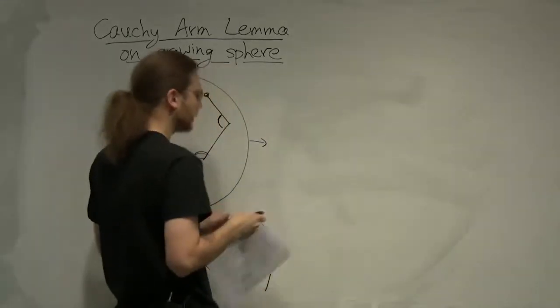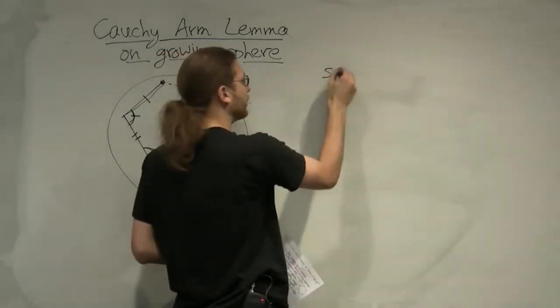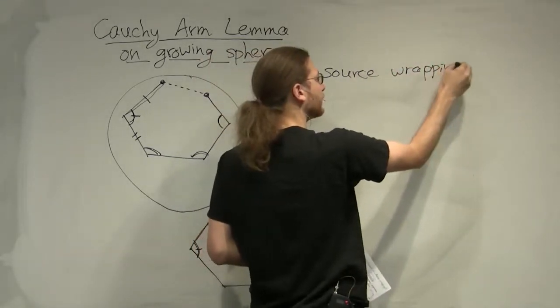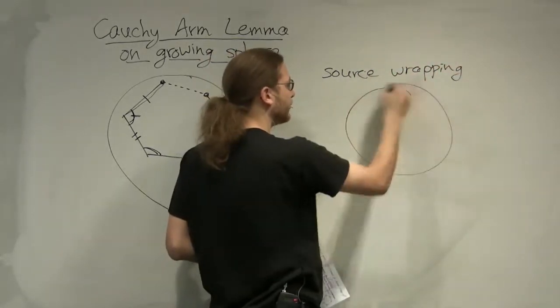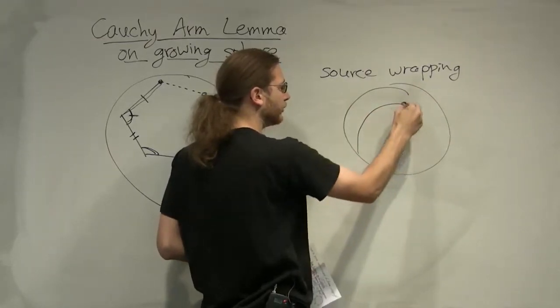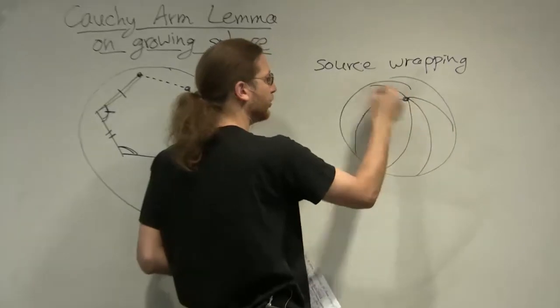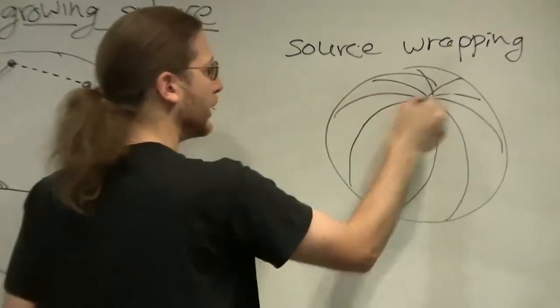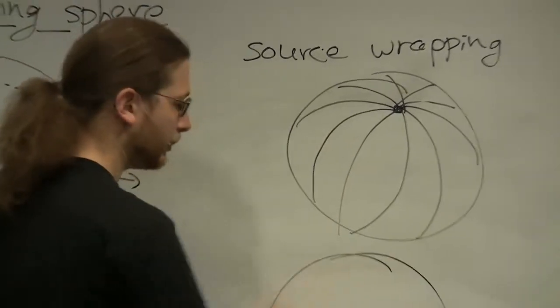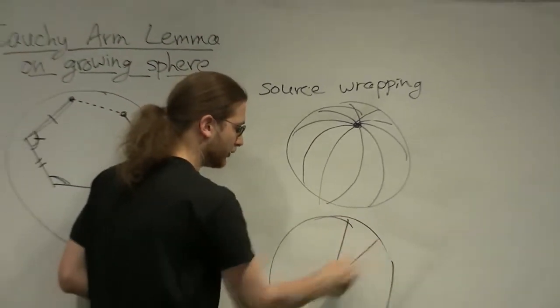So let's start with the source wrapping. Remember we had a sphere with the North Pole, and we took all these shortest paths from the North Pole to the South Pole. All of those lines. I want to claim that when you unfold this, you get a really big disk, and all of those lines become straight.